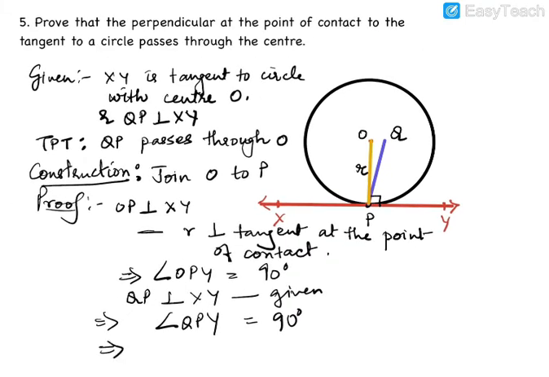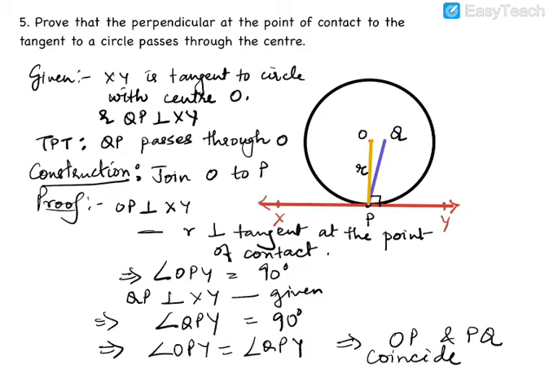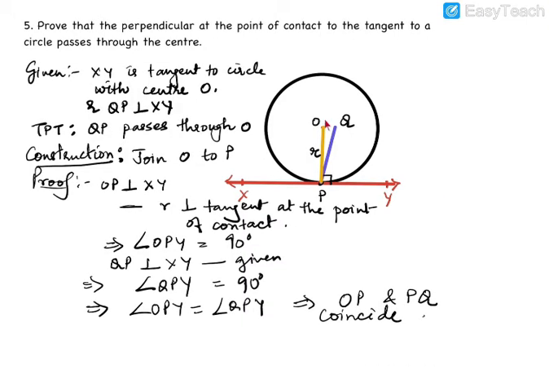So we can say that angle OPY is the same as angle QPY, and this is possible only if OP and PQ coincide. These two lines coincide. It implies PQ passes through the center.